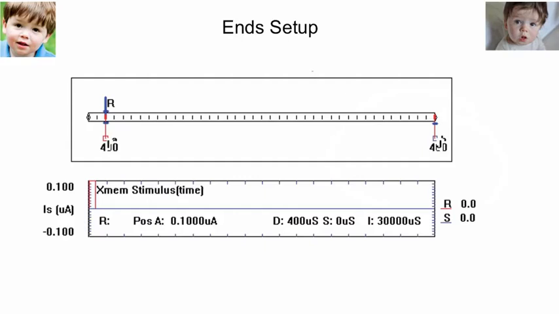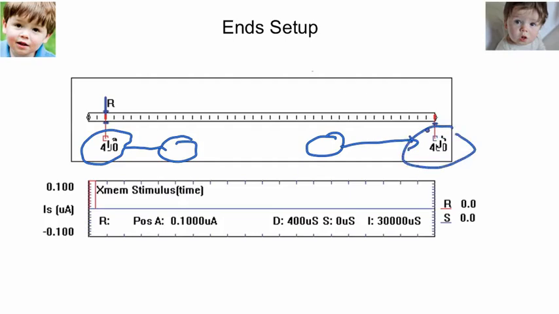So we've set up our experiment in the same fashion as before, except that we took the extracellular electrode that was over here and moved it over there. We took the one that was over here and moved it over there. So now we've pushed our electrodes out to the ends.